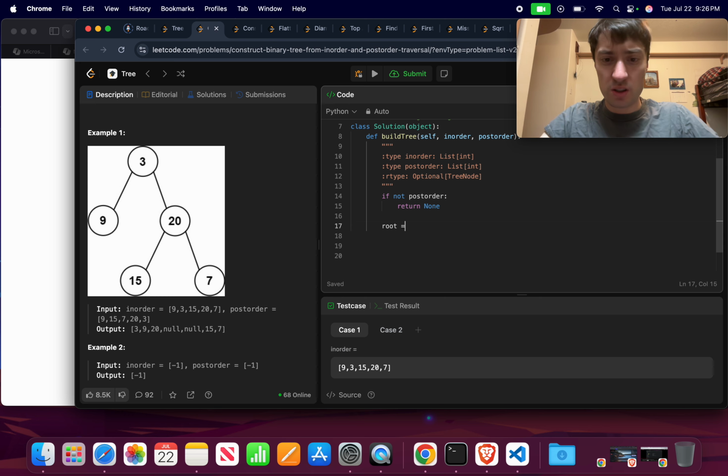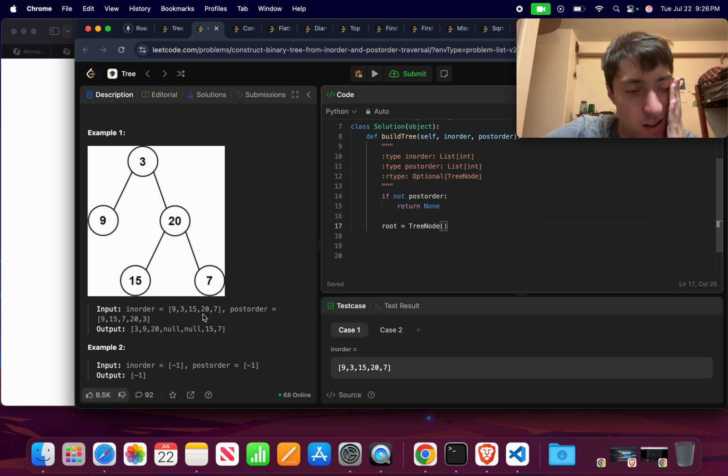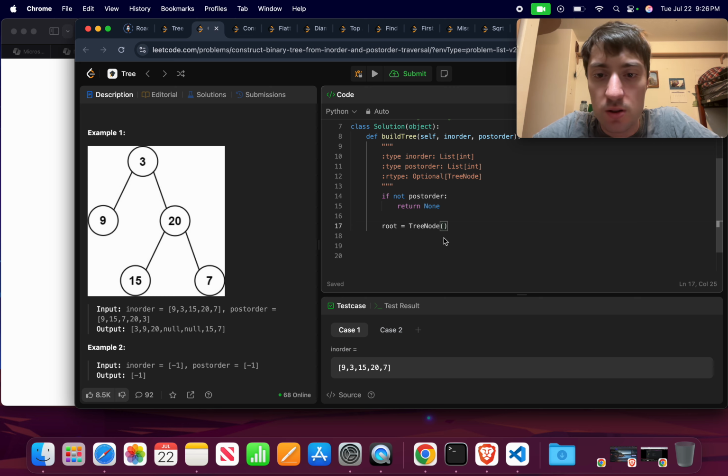Okay, so root is equal to tree node, and then what do I need to call? I need to index in order. So how does indexing in order work? No, sorry. I don't need to do that. I'm just creating a node right now. So the value is going to be post order indexed at the last element, so -1.